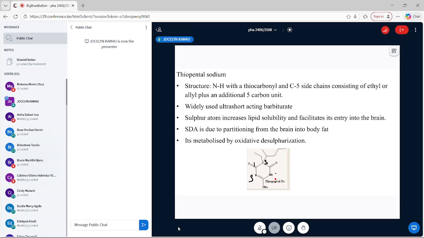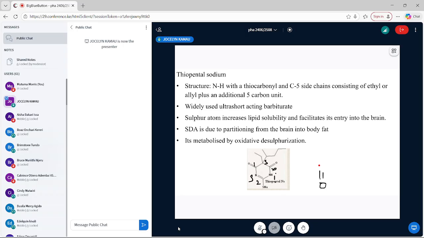You can see the barbiturates at position number 2. Most of the barbiturates, even at this position, usually have a double bond O. When we talk about thiobarbiturates, this position we are calling number 2 also has an oxo.